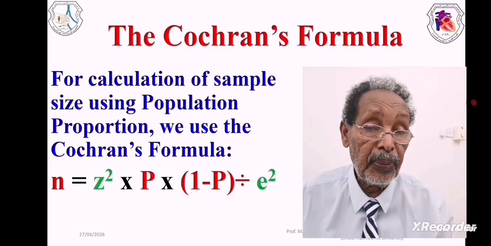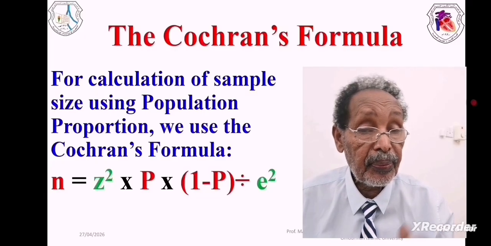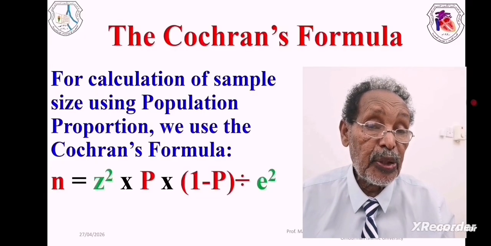So the figure P here will be 0.09 multiplied by 1 minus 0.09, divided by A squared.